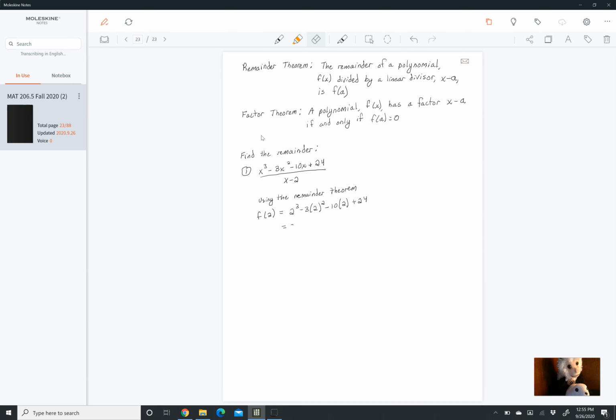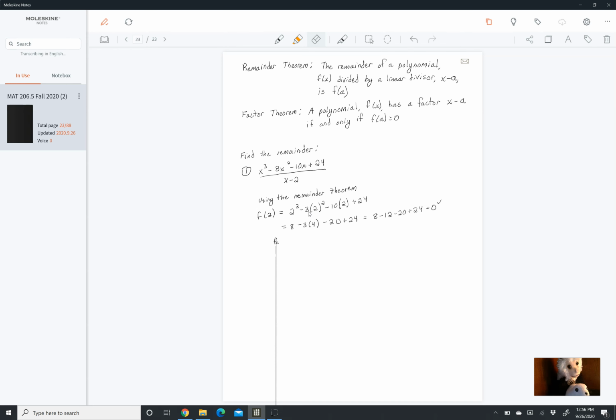So 2 cubed is 8. Order of operations. This 2 has to get squared before you multiply by 3. Exponents come before multiplication. So we have minus 3 times 4, minus 20 plus 24. So 8 minus 12 minus 20 plus 24 is in fact 0.